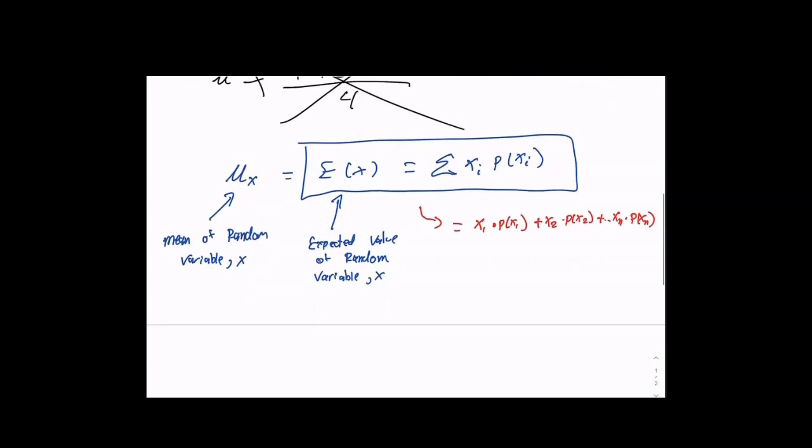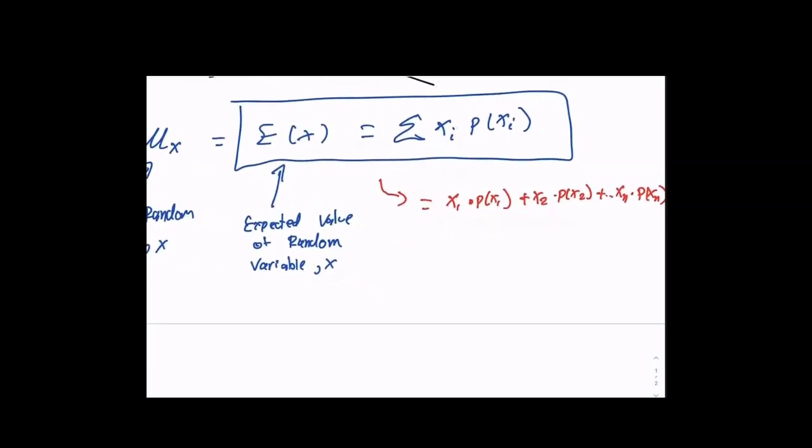So you just multiply and add, multiply and add, multiply and add for all of them. That's what the formula means. Questions? I'll do the example with the previous problem.